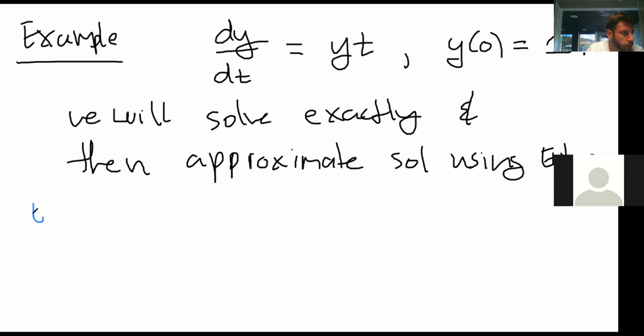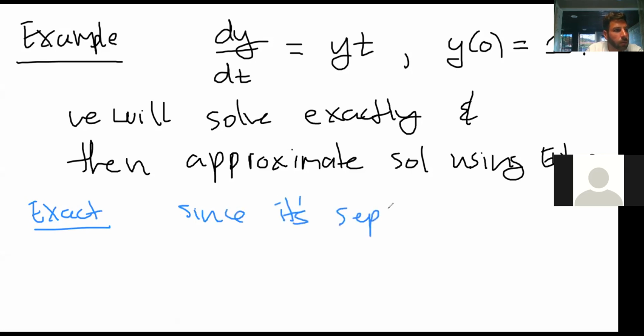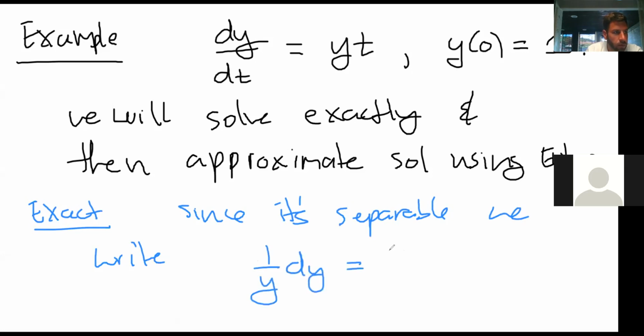So let's do the exact solution. Since it's separable, let's see if we remember this. You're going to write this as 1 over y dy equals t dt.